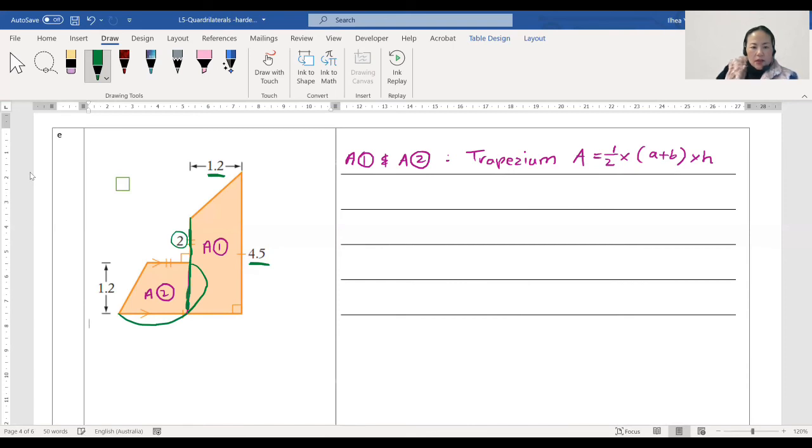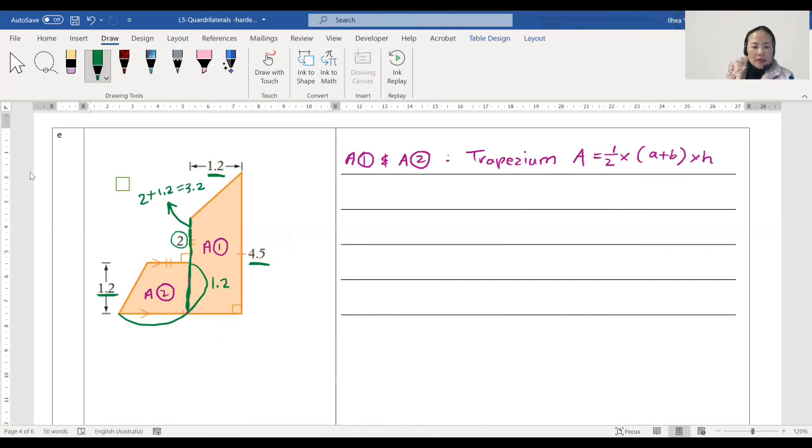Now I know that 1.2 is the same as 1.2 here. So therefore the whole thing, this is 2 plus 1.2, which is 3.2. So the measurement for the top bit is 3.2.